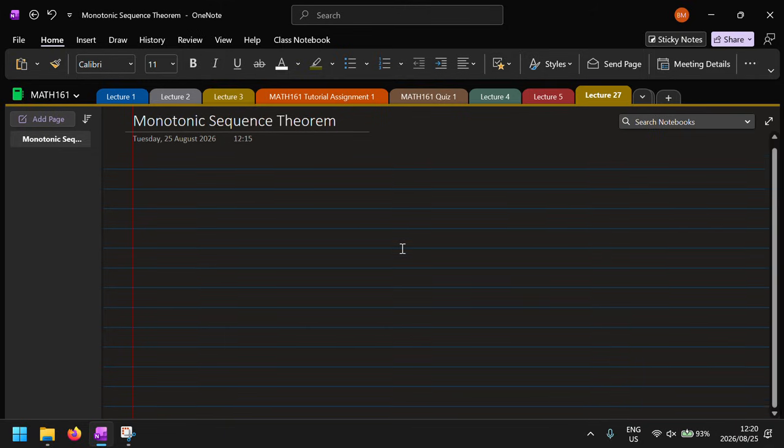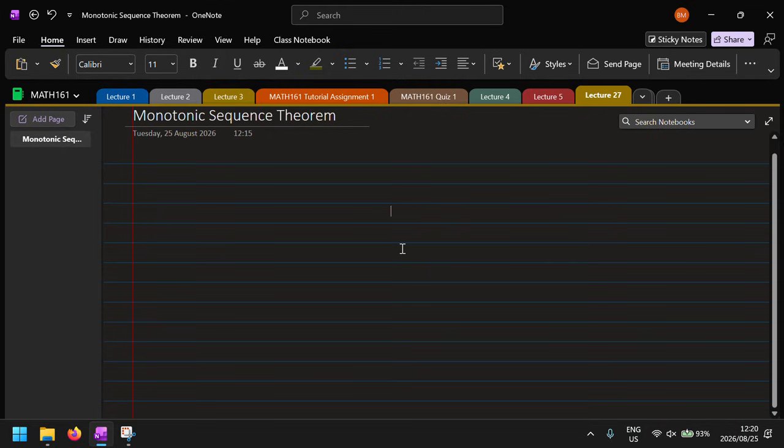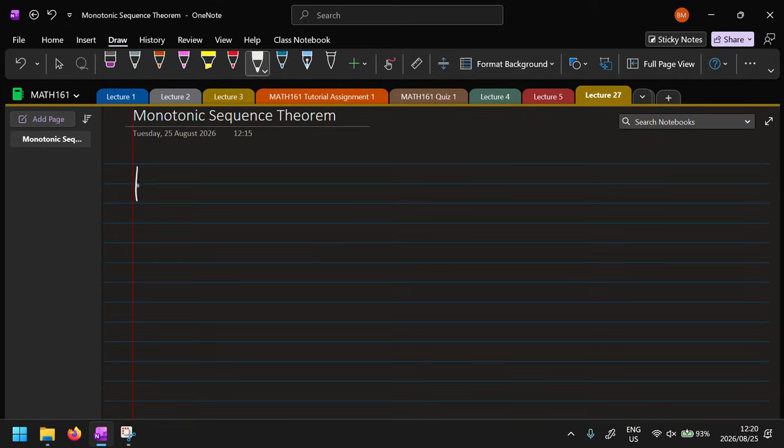Now, before we get to the theorem, there's a few definitions we need to go through. Okay, very simple definitions, but you do need to know what these mean before we get to the main theorem. So the first thing is increasing.